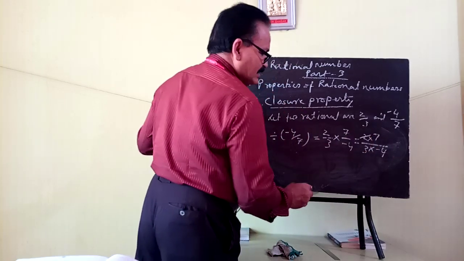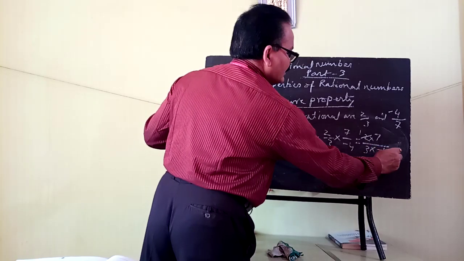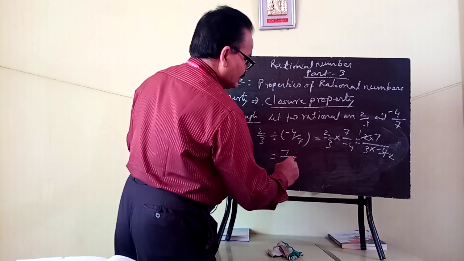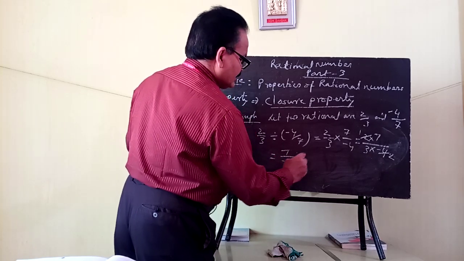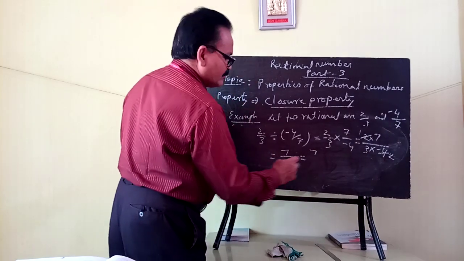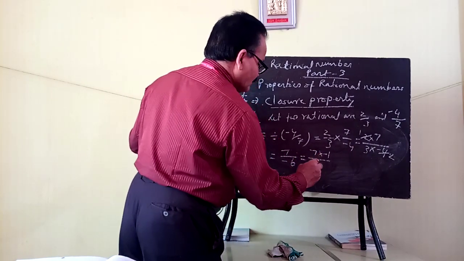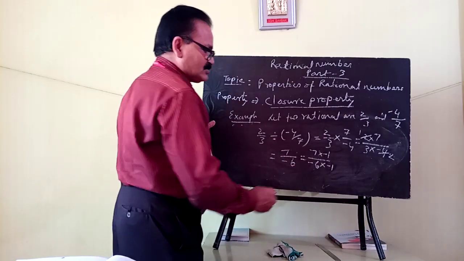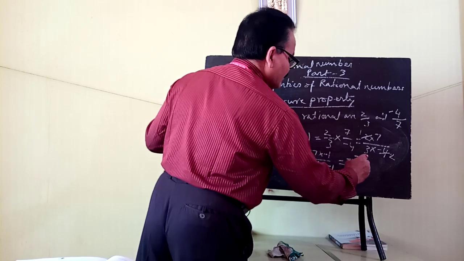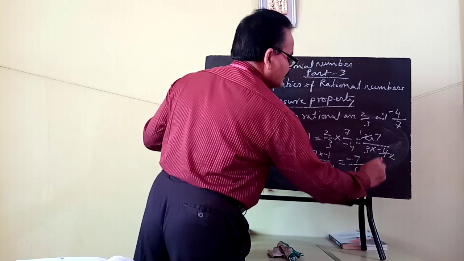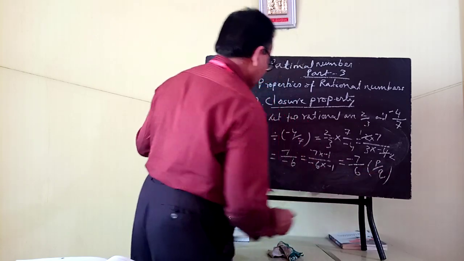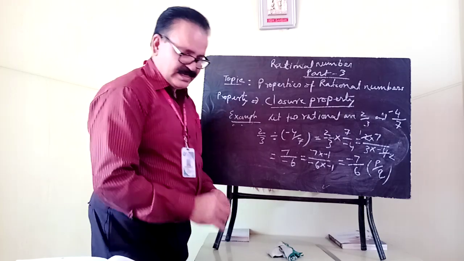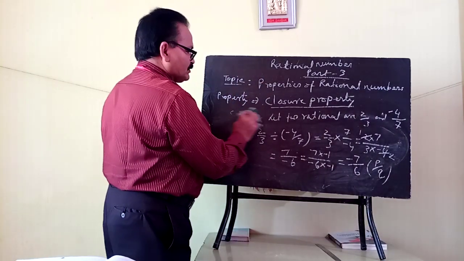You can cancel: 2 1s are 2, 2 2s are 4. Then you will have 7 by minus 6. That means again you have to make the denominator positive, multiply both numerator and denominator by minus 1, then the final answer becomes minus 7 by 6. This is also in P by Q form. That means for division also the closure property is true. Is it clear? Now should I remove it for the next property?